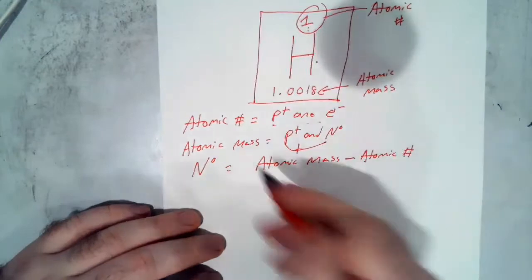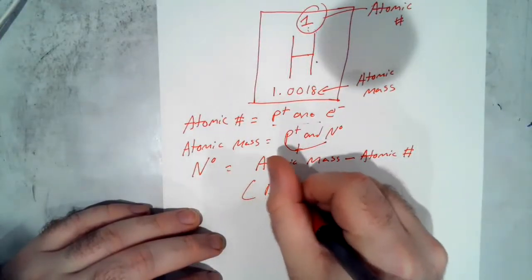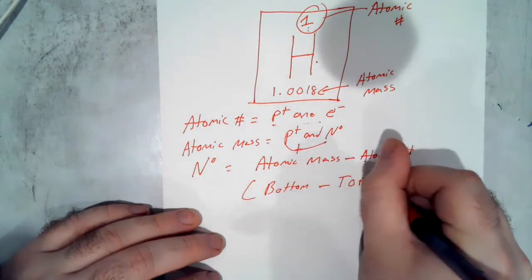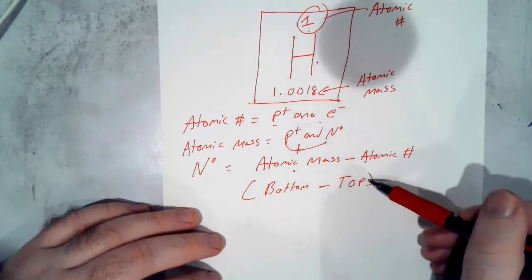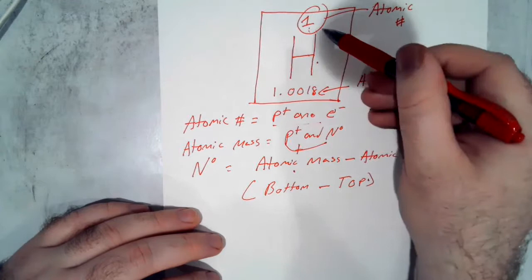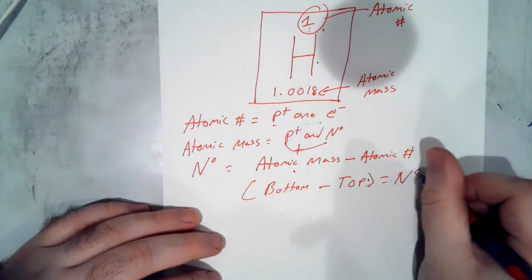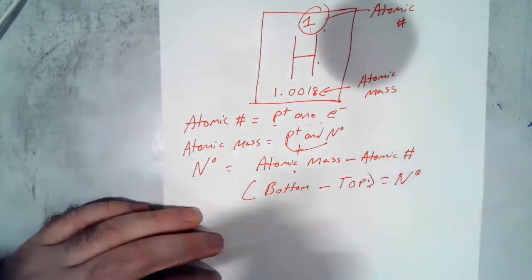If that is too complicated, I have another way. You could also say bottom minus top. Right? Because the atomic mass is the bottom number, atomic number is the top number. So you could also say bottom minus top will also get you neutrons. Either way is acceptable. I don't have a preference which one.